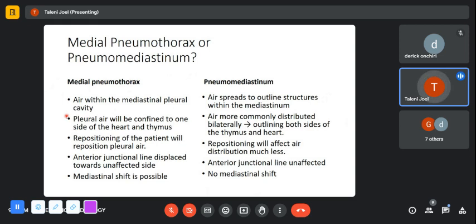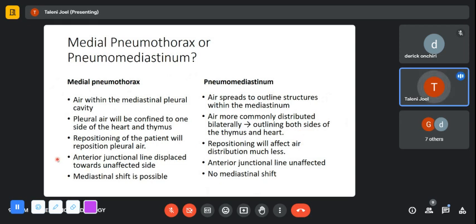If you reposition a patient with a medial pneumothorax, perhaps in a lateral decubitus position, then the air will change and be repositioned. Whereas with the pneumomediastinum, repositioning is less likely to affect the distribution of the air because there's less space for the air to go to, unlike with the pleura, where it will go to the most superior portion of the patient.